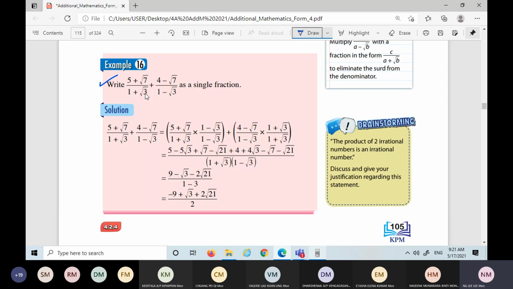How do you make the denominators the same? You multiply with each other. So for this 1 plus square root 3, you multiply with 1 minus square root 3. Then for 1 minus square root 3, you multiply with 1 plus square root 3. But remember, whatever you do to the denominator, you do the same thing to the numerator. So this is what you get.